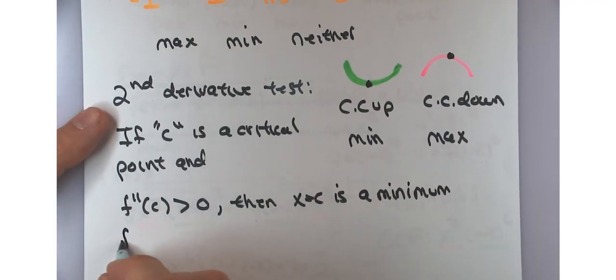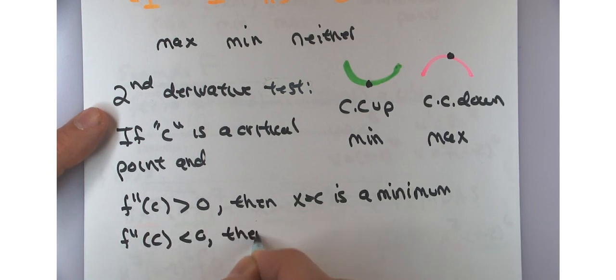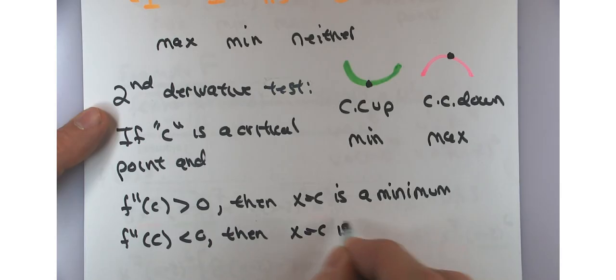And if f double prime of c is less than 0, then x equals c is a maximum.